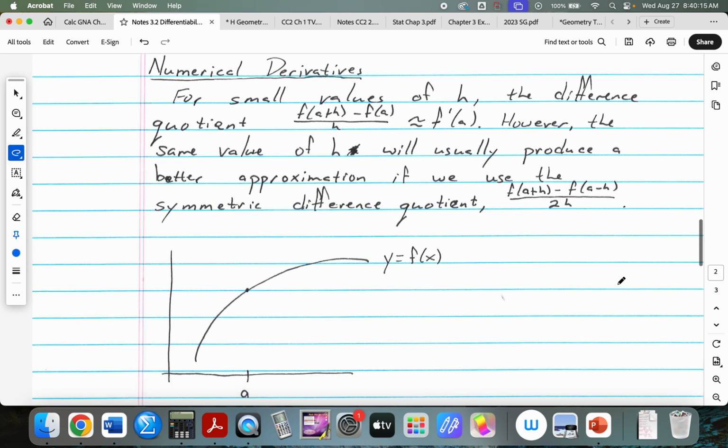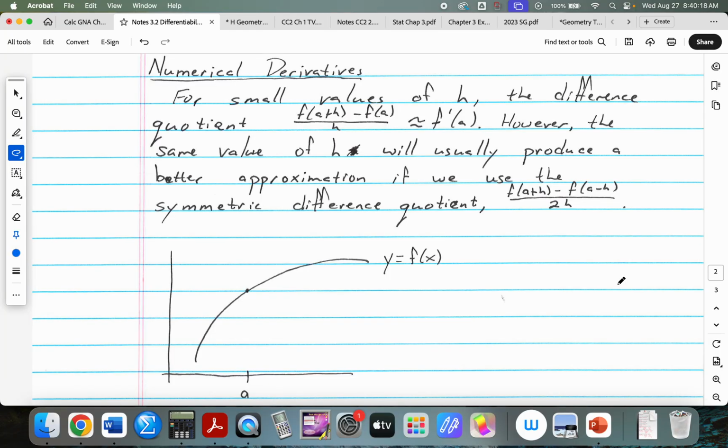Now, one of the things that we have kind of done is looked at numerical derivatives a little bit. So some of you did this on one of the quizzes where you plugged in some values rather than doing it algebraically, but that was the idea that you wanted.